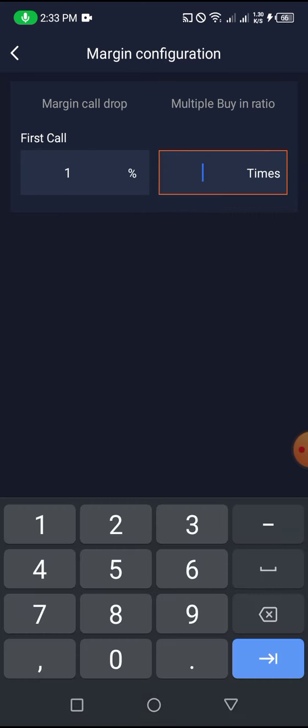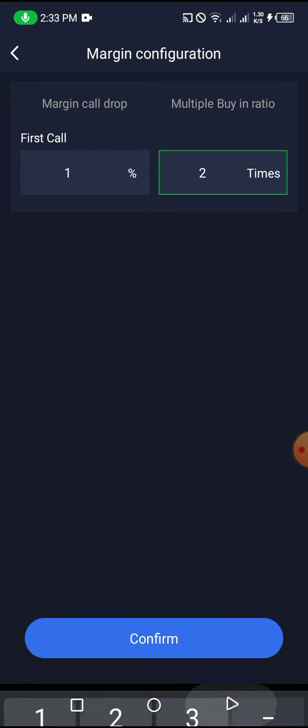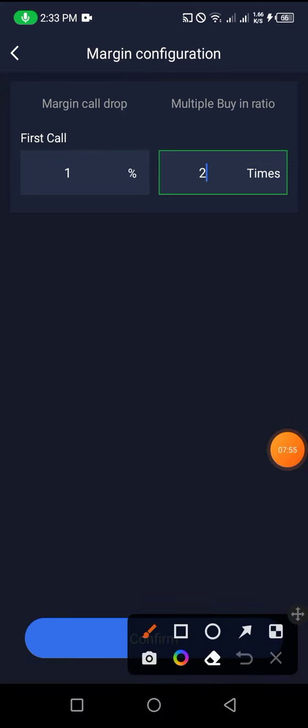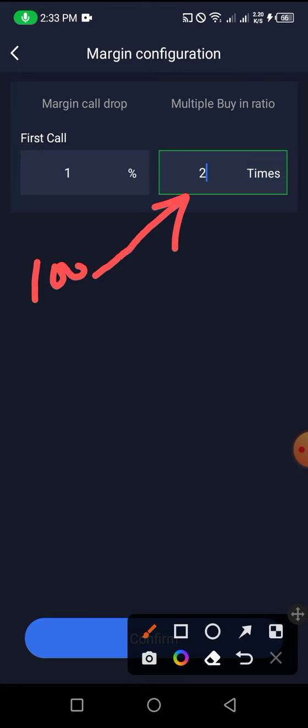So I want it to buy 2 times. So what is the implication of this? It means that my robot is going to pick the $100, which is my first buying amount, and multiply it by 2, just in case the market drops by 1% after having entered the market. Once the market drops by 1%, my robot is going to pick my $100 again, multiply it by 2.